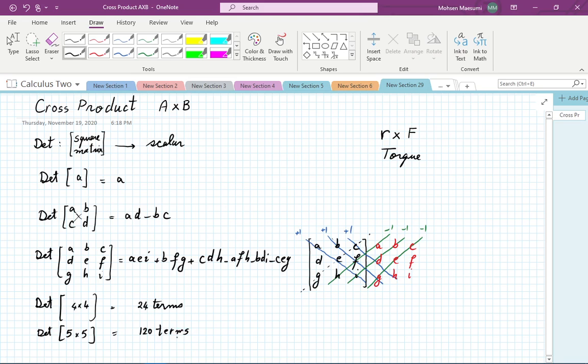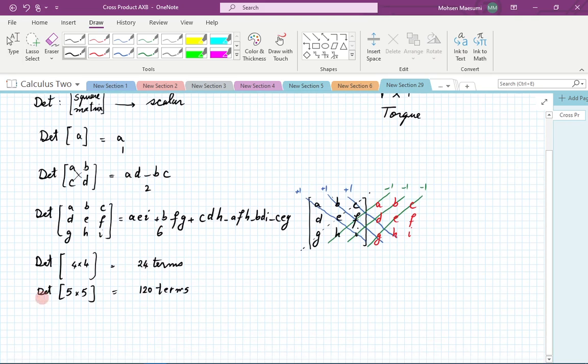So how many terms do we have? 1, 2, 6, 24, 120. How does it go? This is a famous sequence we have seen many times. This is going to be n factorial terms. All terms are made out of products of entries from the rows and columns.